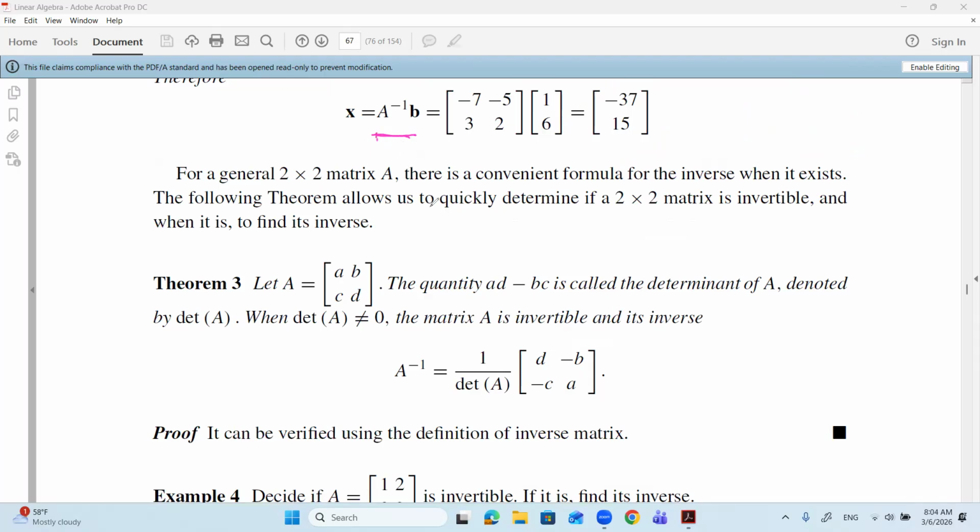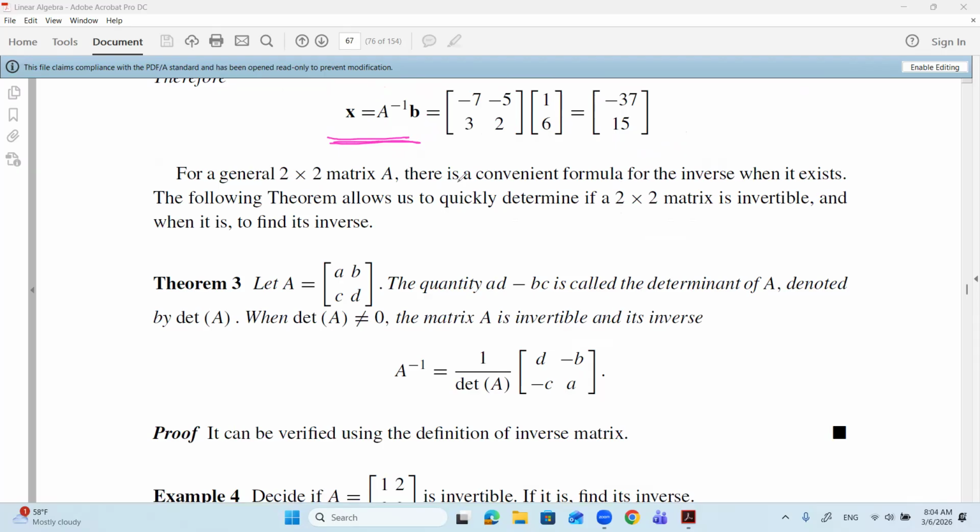But it's not always the case. The A inverse does not exist for every matrix A. If A inverse exists, then we have a unique solution. That means when you do not have a unique solution, that implies A inverse does not exist. So this gives us some insight.